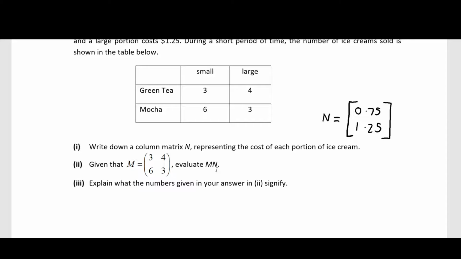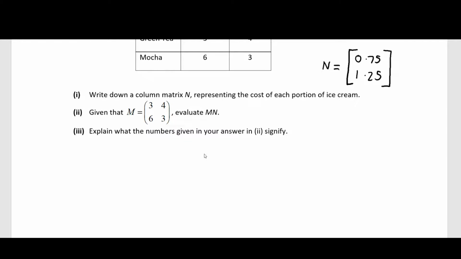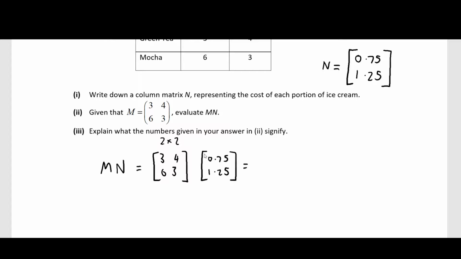So we're going to have M times N. It's going to be 3, 4, 6, 3, 0.75, 1.25. Okay, so we've got a 2 by 2 here, and here we've got a 2 by 1. So we're going to be left with a 2 by 1 matrix.